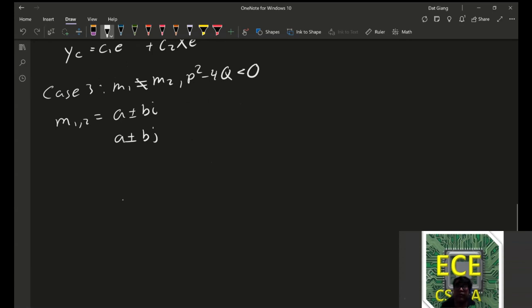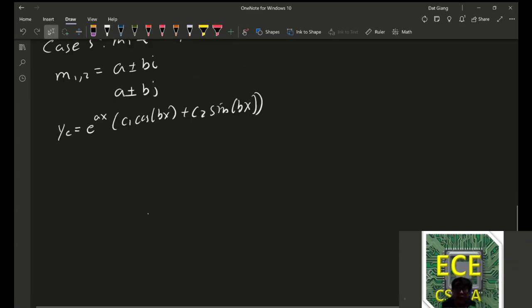Now, it doesn't really matter for the notation. Our complementary solution becomes e to the ax times c1 cosine of bx plus c2 sine of bx. And that models a complex but distinct set of solutions, which is modeled by a complex conjugate.